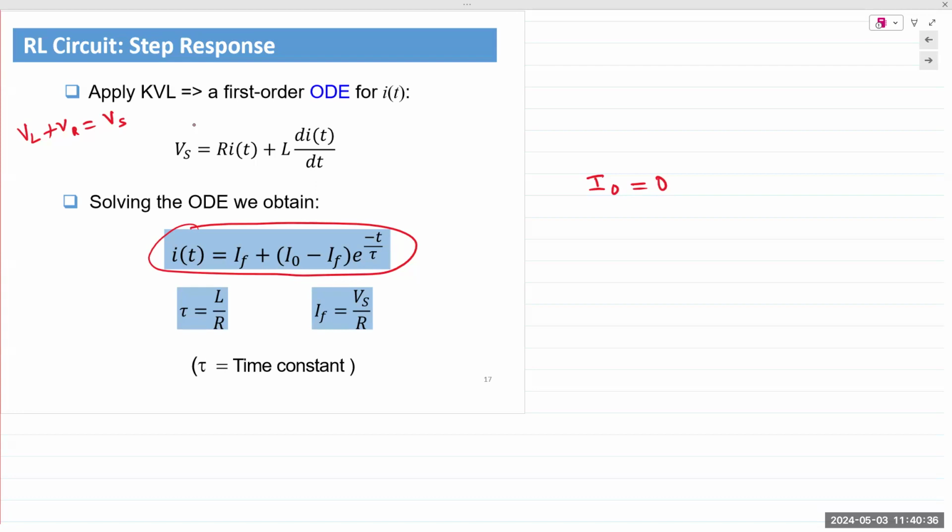So then the equation simply becomes IF minus IF times e raised to minus t over tau. Tau, the time constant, still remains the same, L over R. For RL circuits, it doesn't change.